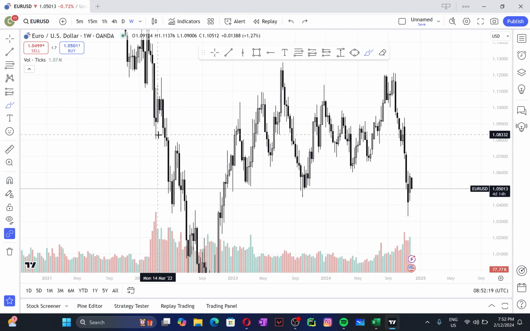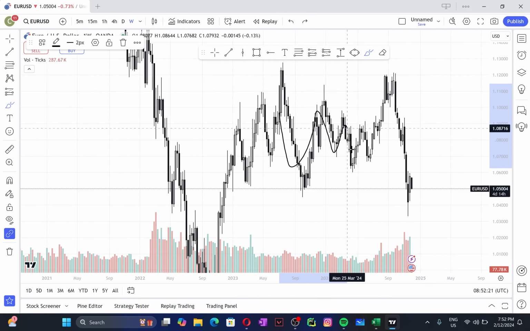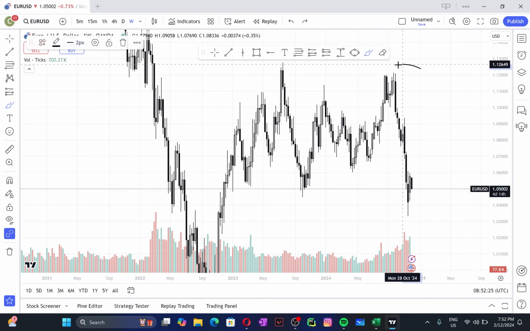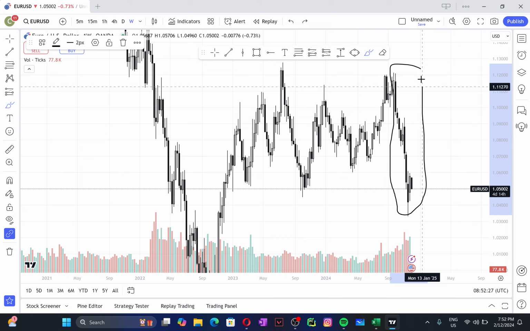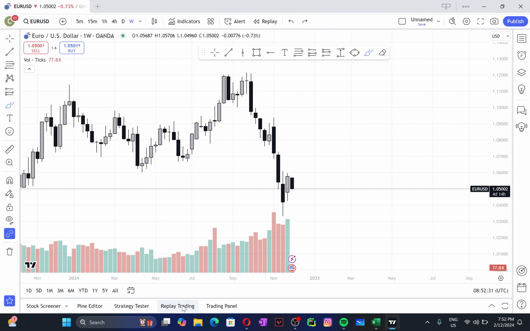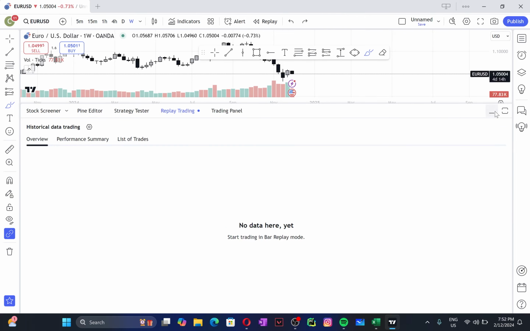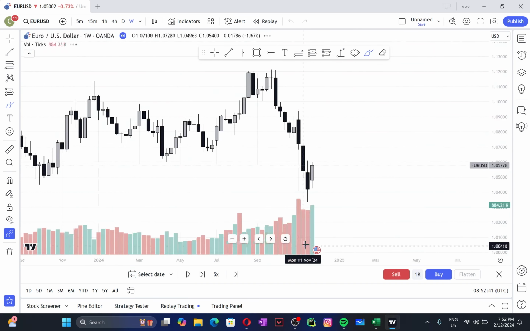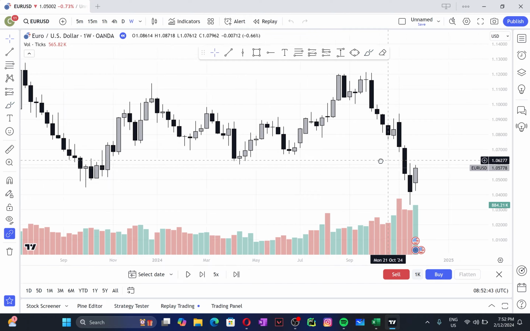Even if the price seems to consolidate around here, this is not a 5-minute chart, it's a weekly time frame. So we're just going to look at a few bars before the one we are focusing on right now. Also, I forgot to use the replay trading because we want to trade from yesterday, the 29th. Let's start trading from the 29th.